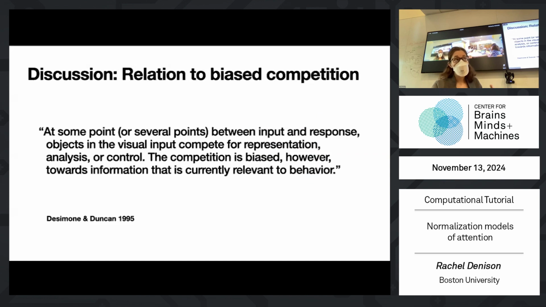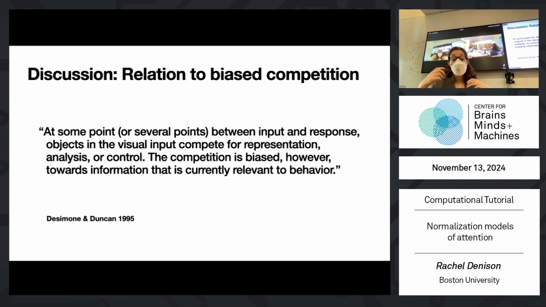I wanted to connect this, and I have more stuff we could talk about, but this might be a reasonable place to end, given the time. This is a really old idea in the attention field, the idea of attention as mediating a process of biased competition. This is from the classic Desimone and Duncan review from '95, where they say at some point or several points between the input and response, objects in visual input compete for representation, analysis, or control within neural circuits.